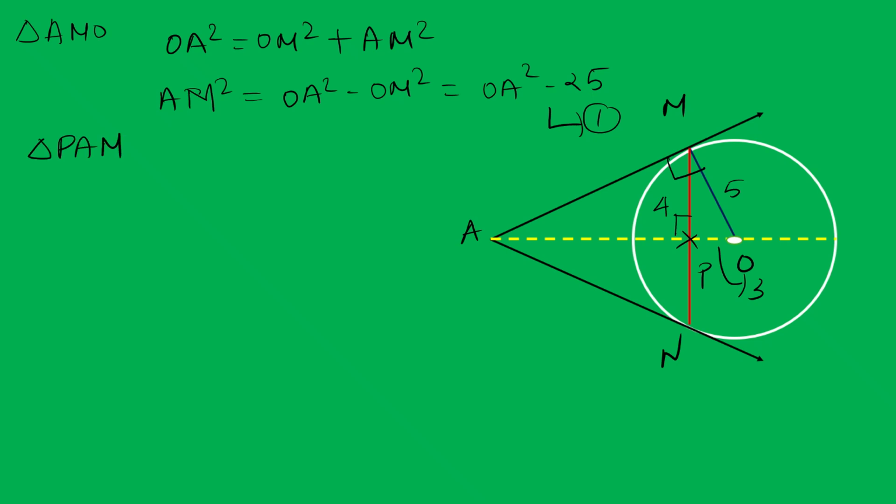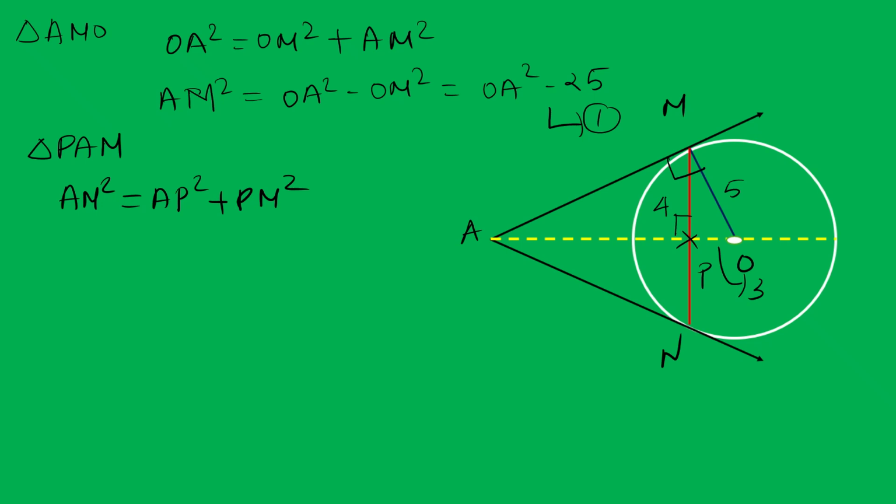And when we apply Pythagoras theorem here, we get AM square is equal to AP square plus PM square. And we know this line AP is OA minus OP.